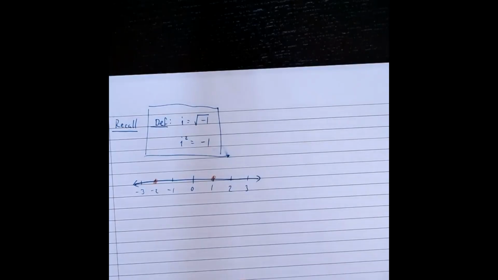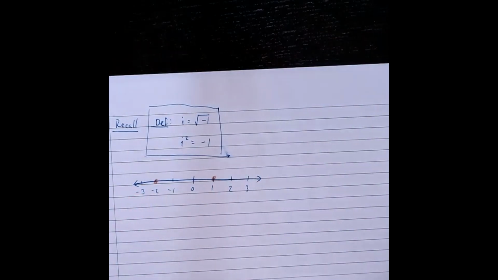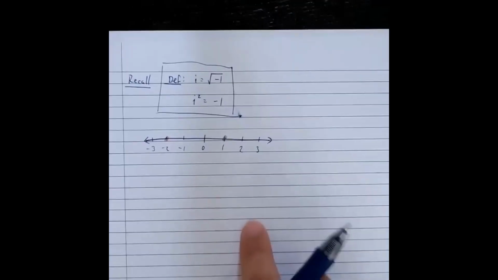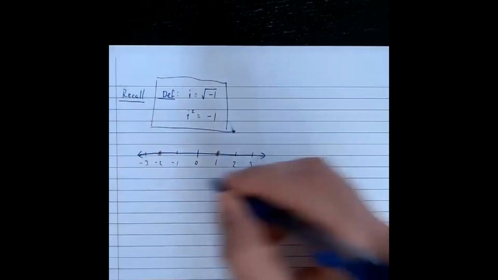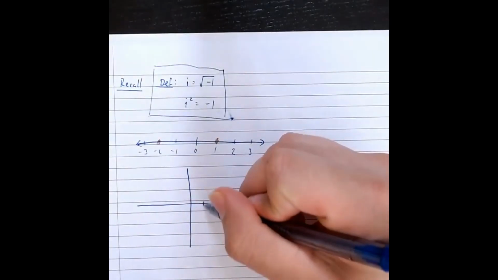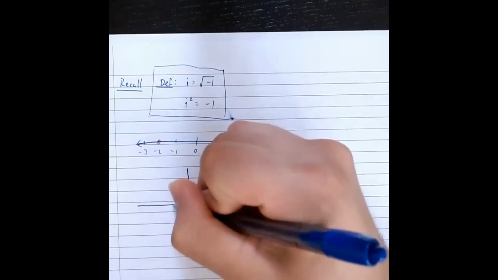But when you're dealing with complex and imaginary numbers, you note that there's no place to put them on the number line, because the number line is completely filled with all of the real numbers. So in order to give us a visual representation of our complex and imaginary numbers, we don't use the number line, we use the complex plane. The complex plane is a set of number lines, one of which represents the real numbers.